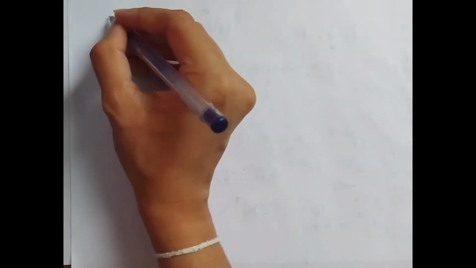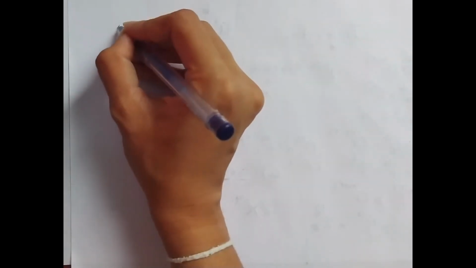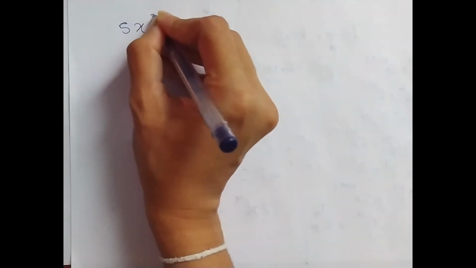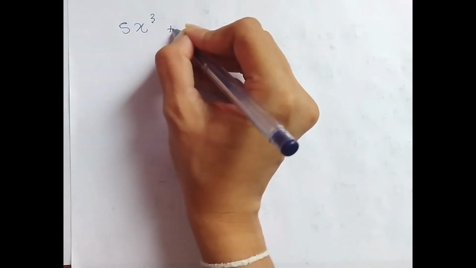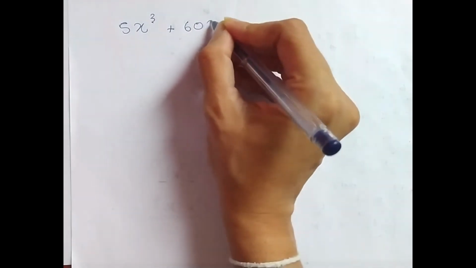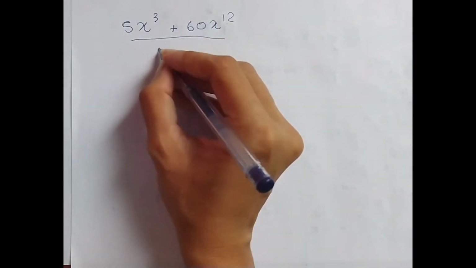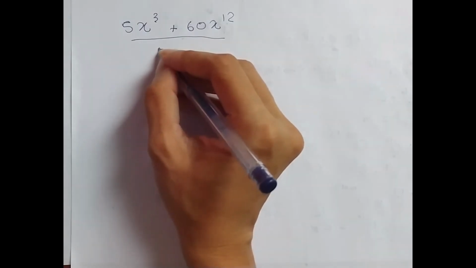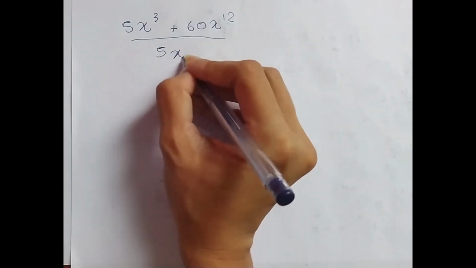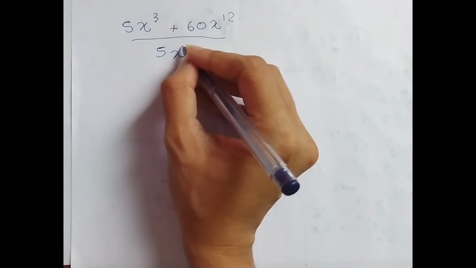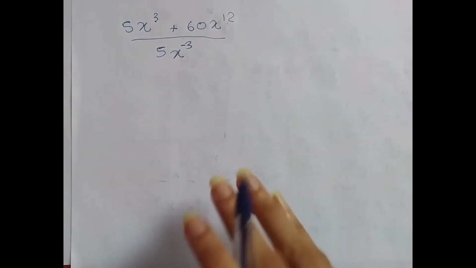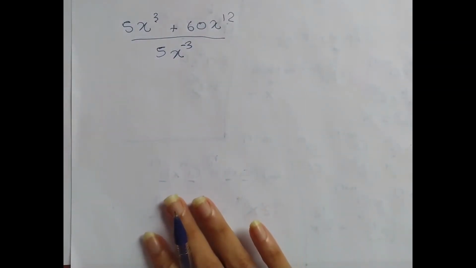Okay, so that's one way of doing that sum. Now think of another one. If it is 5x to the power 3 plus 60x to the power 12, divided by 5x to the power minus 3. Think it is something like this.